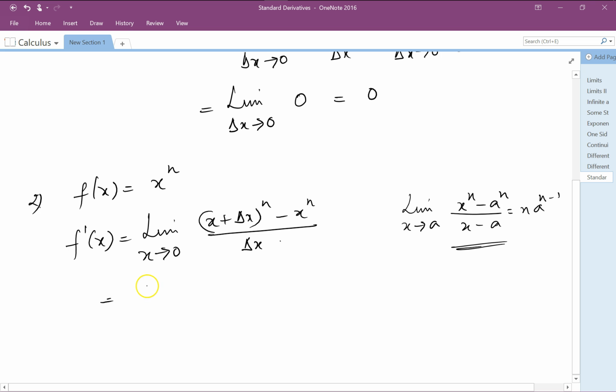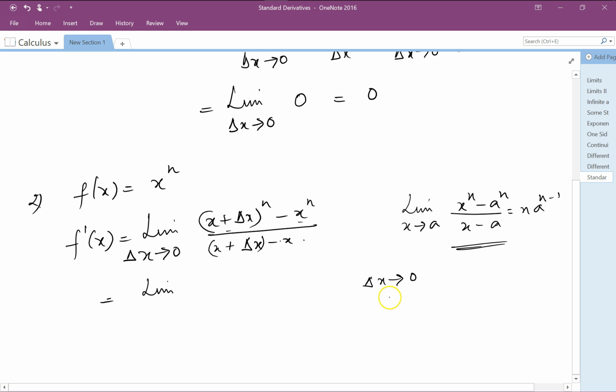So let's see what happens. Delta x approaches 0. So the denominator, we are saying it tends to 0. But we want it to be this minus this without the exponents. So we can say x plus delta x minus x. Now it will match the pattern of the standard limit. So if you want it like that, what should happen to the limit statement itself?